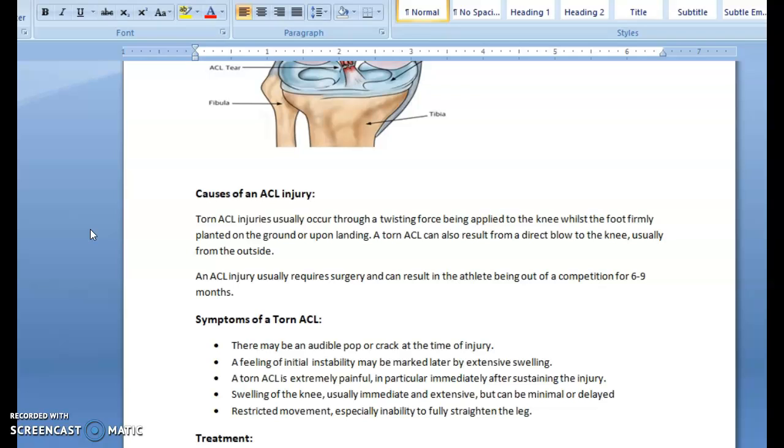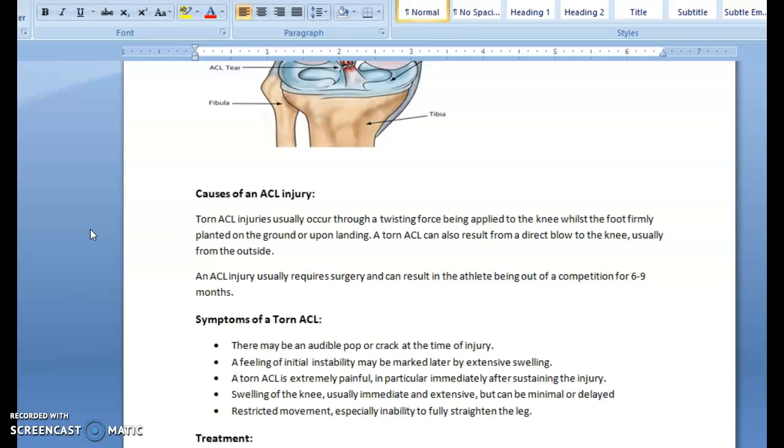Torn ACL injuries usually occur through a twisting force being applied to the knee whilst the foot is firmly planted on the ground or upon landing. A torn ACL can also result from a direct blow to the knee, usually from the outside. For example, an opponent kicking you straight to the knee while you're playing soccer.